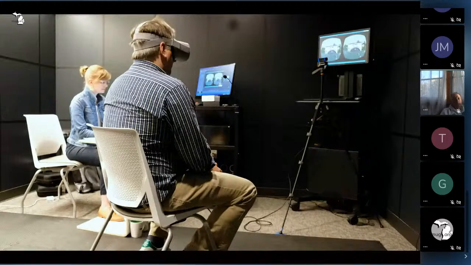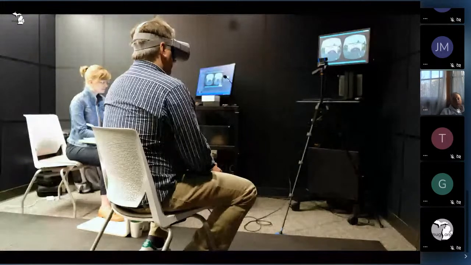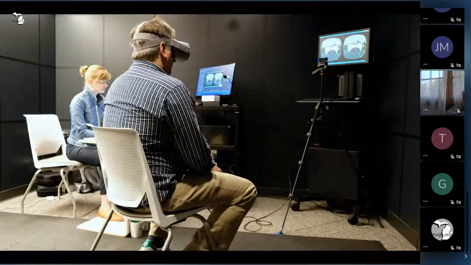So it introduces quite a few challenges here. The researcher can't easily see, unless you're using special software, what the participant is seeing. So there are some tools that we're able to use to mirror that screen and then live stream that out to our clients and so forth.